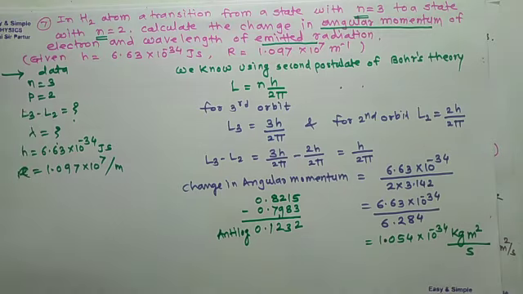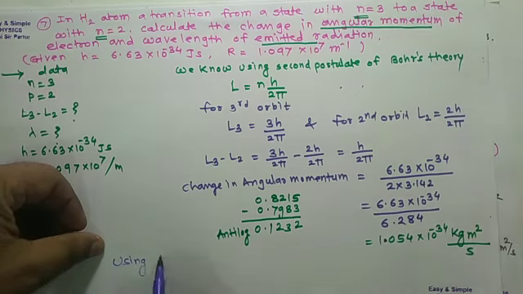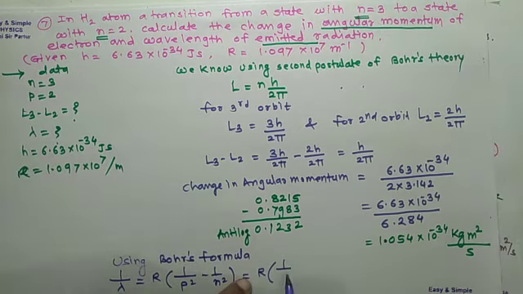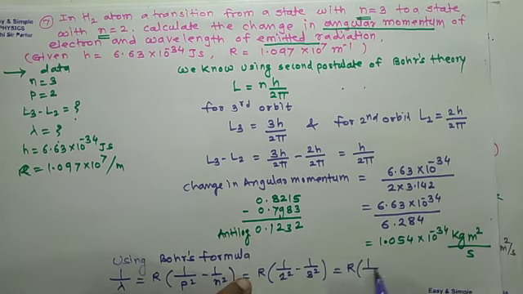But we can find out wavelength. So using Bohr's formula, we know that 1 upon lambda is equal to R in bracket 1 upon p square minus 1 upon n square. So R in bracket 1 upon 2 square minus 1 upon 3 square, which is equal to R in bracket 1 upon 4 minus 1 upon 9.